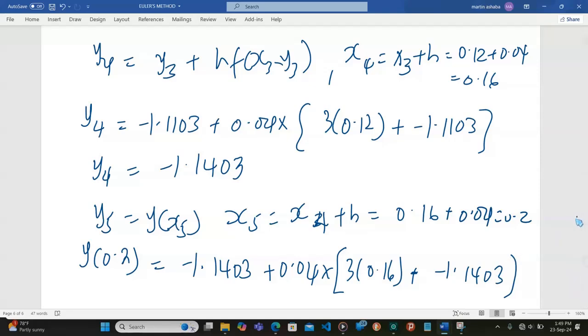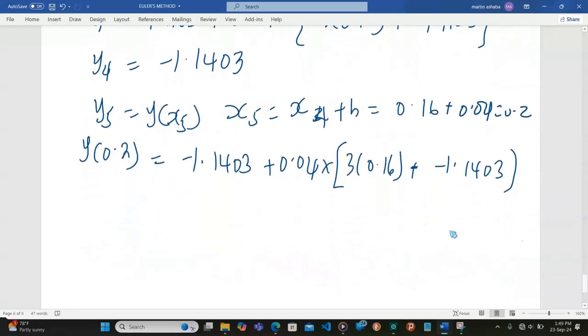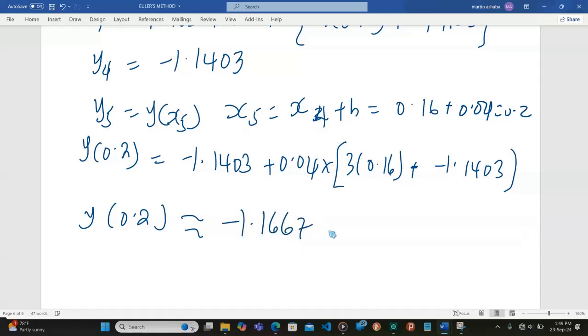So finally, y of 0.2 is approximately equal to negative 1.1667. And if we wanted it in 3 decimal places, it can be negative 1.167.